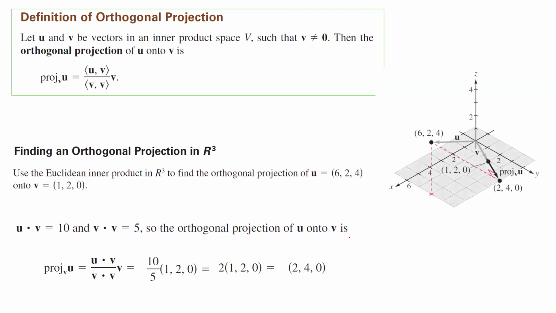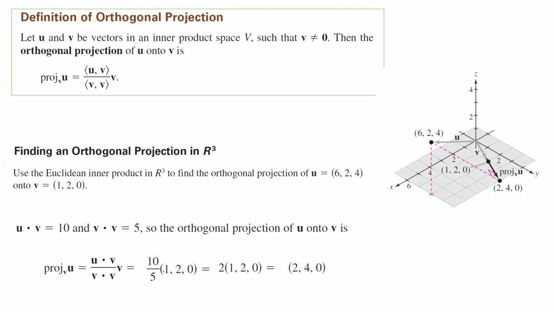You can take a look at the graph as well. If you consider vector u, which is (6, 2, 4), and vector v, which is (1, 2, 0), then the orthogonal projection of u over v is going to be the vector (2, 4, 0), which is in the direction of vector v.